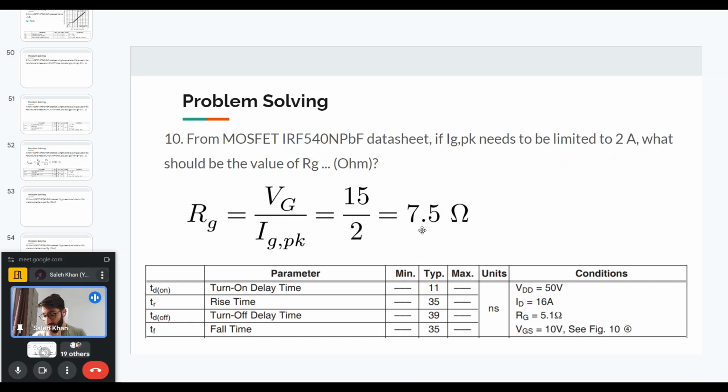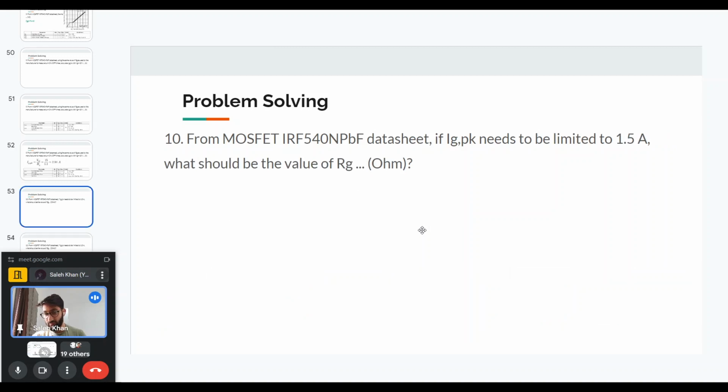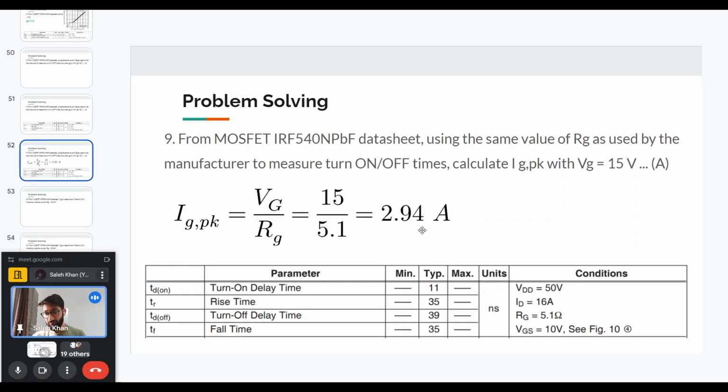Someone in the chat is asking about 15 and then minus 5 volt, but you're not given the minus 5, you're only given the plus 15. If you're not given a negative voltage, then you have to assume that it is 0. But if you are given a negative voltage, then you can take it into account for your calculation. So I hope that's clear.